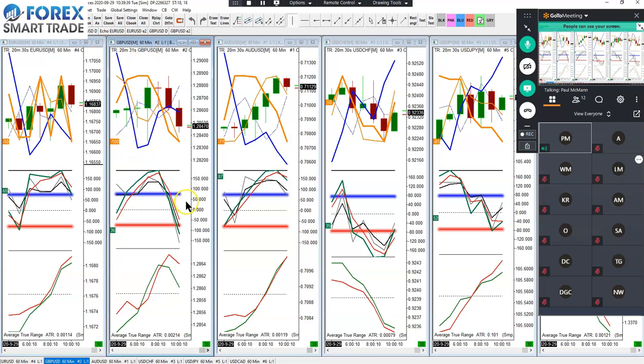Pound dollar, we're in the middle of the channel, so that's no good. Now the reason I want the overbought or oversold is because I am going to get this run through the channel. So had I caught this here, the previous candle, I could have run this 30 pips as it ran through the channel.